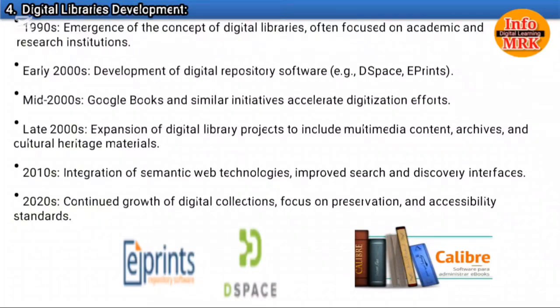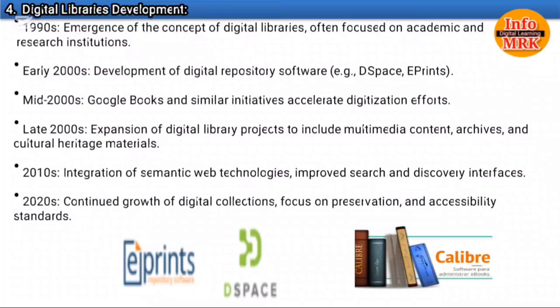libraries for the users. In the mid 2000s, Google Books and similar initiatives accelerated digitization efforts. In the late 2000s, digital library projects expanded to include multimedia content, archives and cultural heritage materials. In 2010, integration of semantic web technology and improved search and discovery interfaces were used.